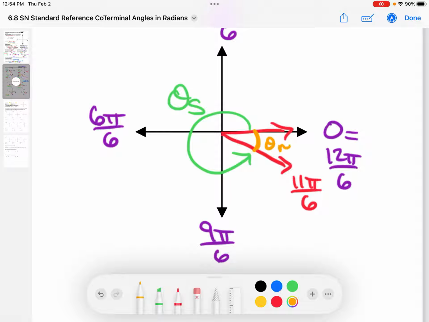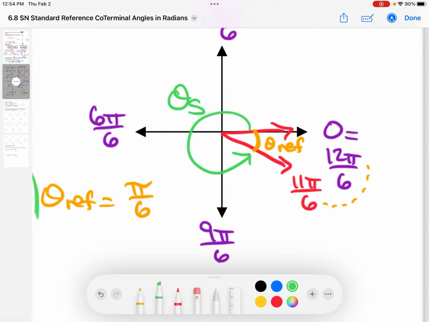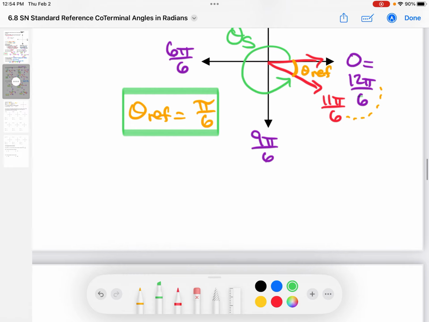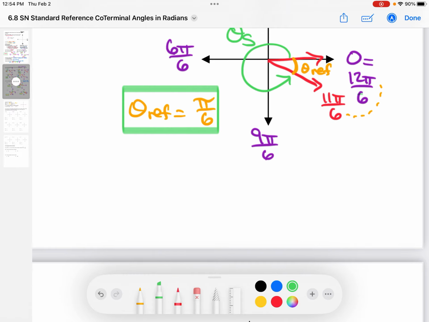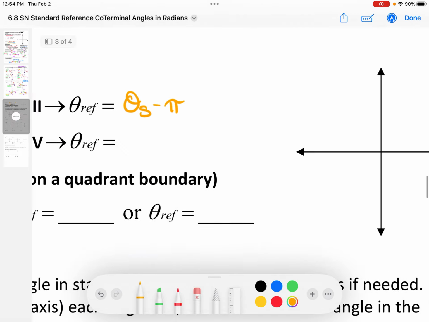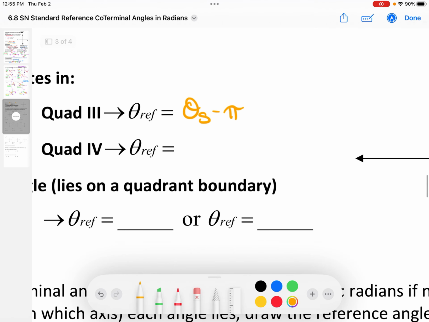So this is our reference angle. From 11 pi over 6 to 12 pi over 6, that reference angle is pi over 6. Mathematically, we need to start with 2 pi because in quadrant 4, that's where the closest x-axis falls. So in quadrant 4, that reference angle is 2 pi minus theta standard.